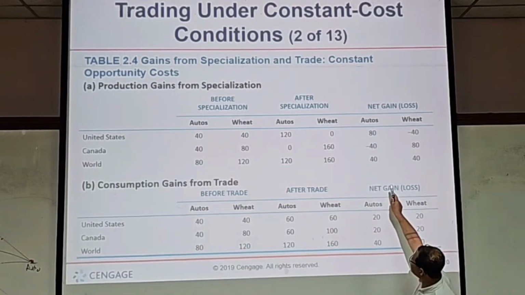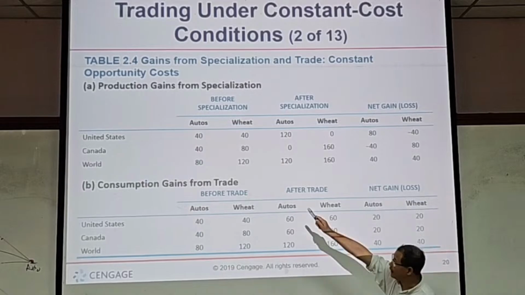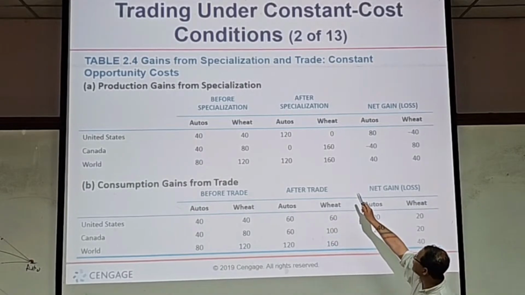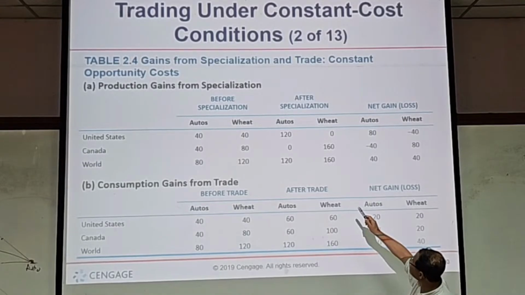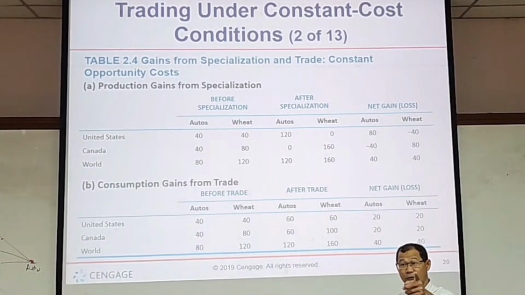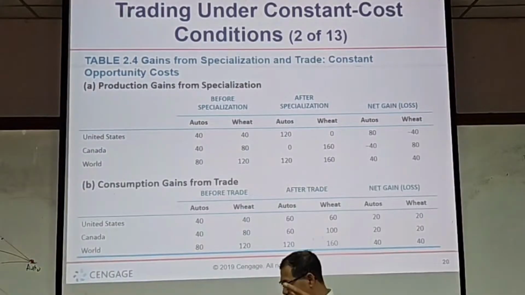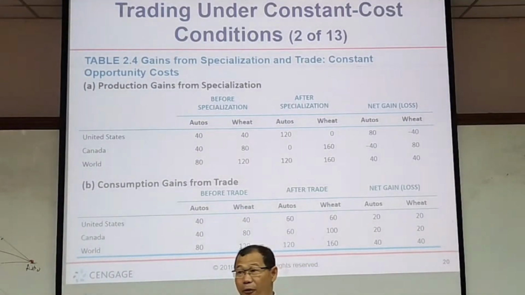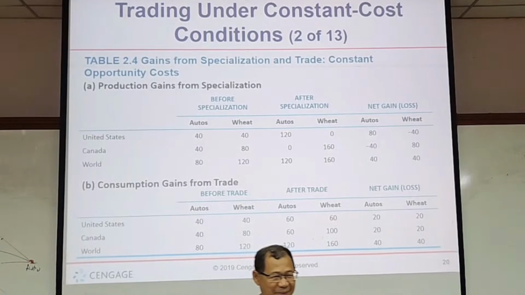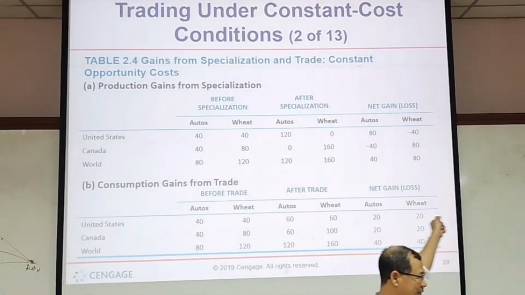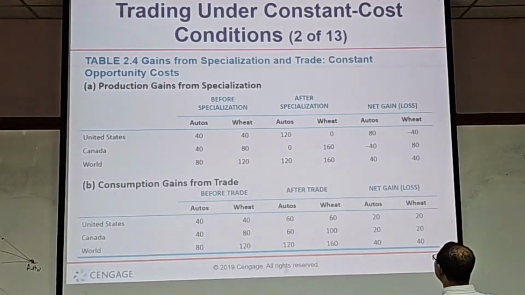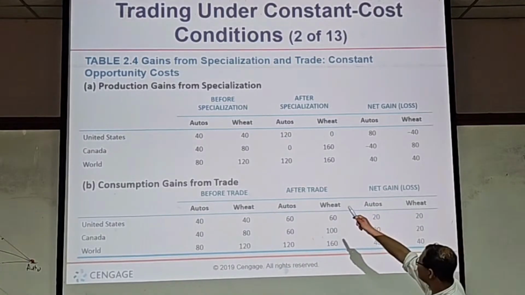Automobile previously was 40 in the United States, now with specialization it's different. Minus 40, and another 80 for the other. Previously, now with specialization, zero auto. Now 160. So in the world it increases.